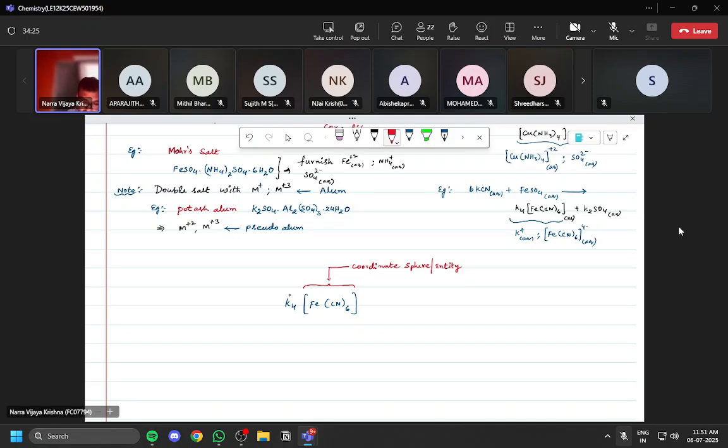Whichever is present outside square brackets, we call it the counter ion.